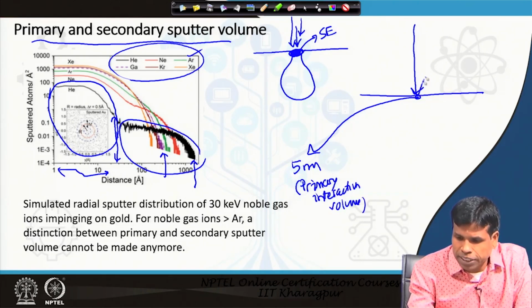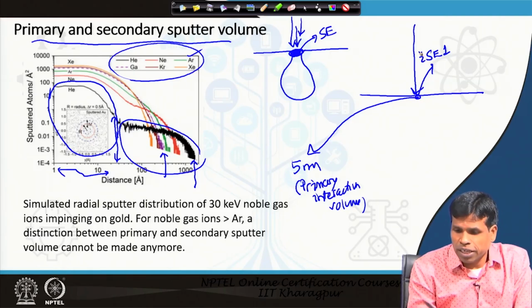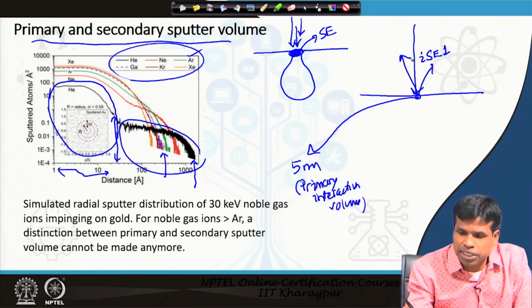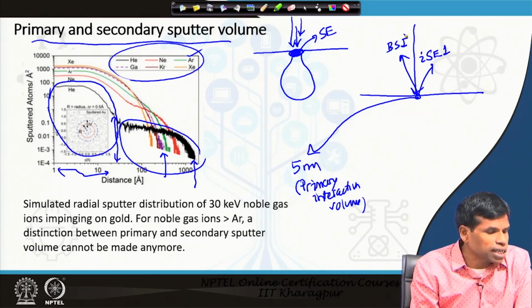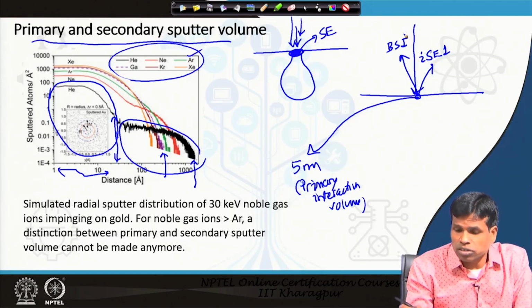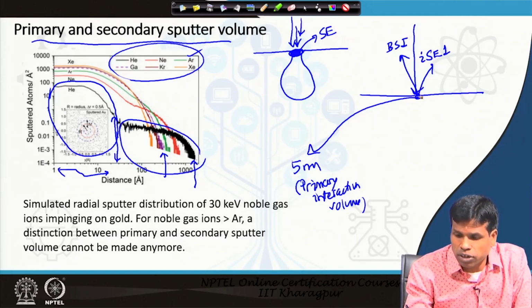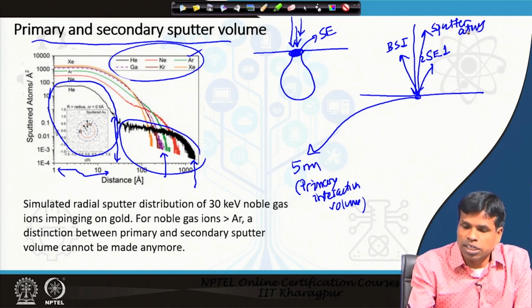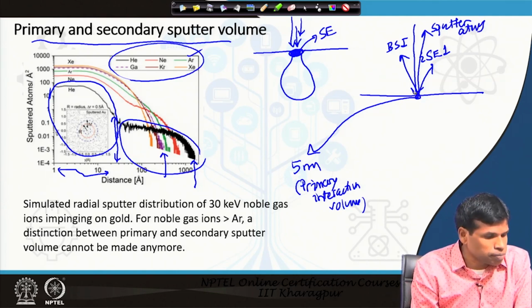From those places we get secondary electron 1, and I will write here ISE because here it is ion induced, and from that region we also have backscattered ions, BSI, and we can also sputter away some of the atoms, we can have sputtered atoms. All this can happen from the region where the beam strikes.